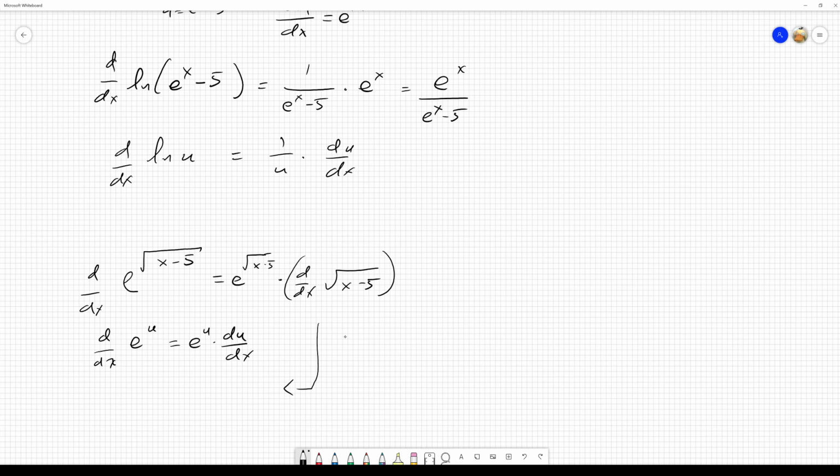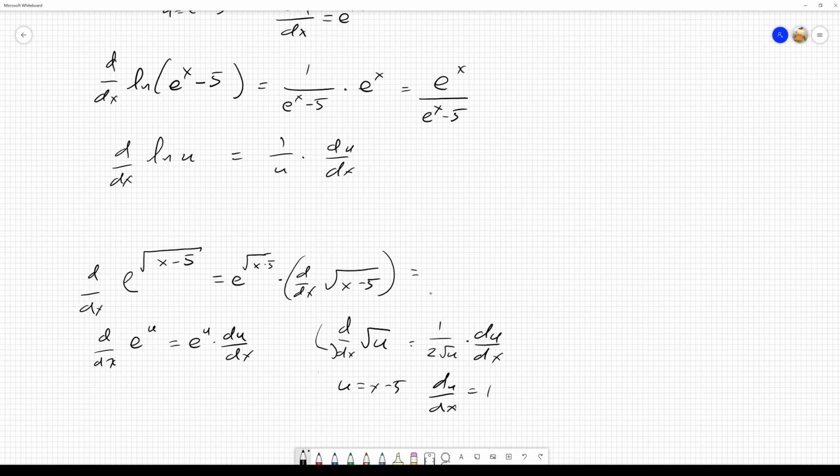So actually we'll just continue it this way. So think of this as the derivative with respect to x of the square root of u, where u is x minus 5. So the derivative of the square root of u is 1 over 2 root u times du dx, and du dx is simply 1.